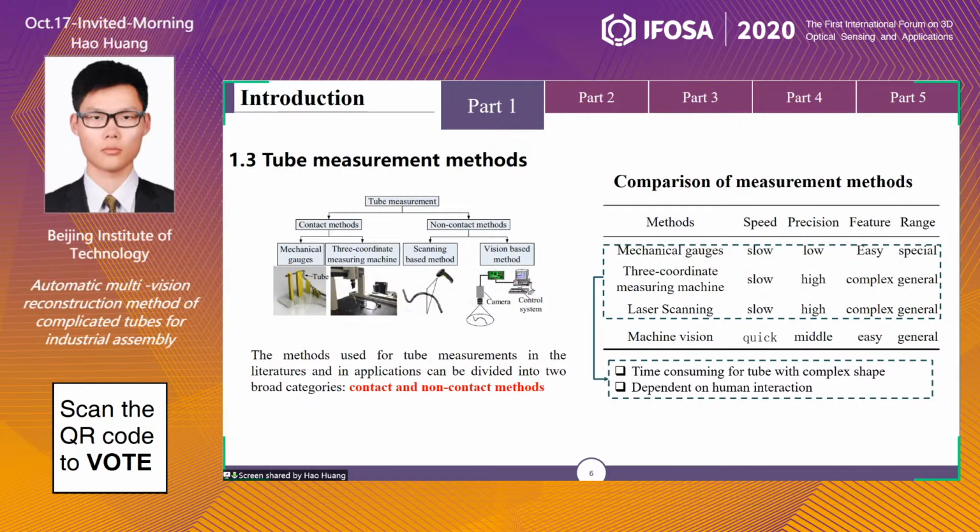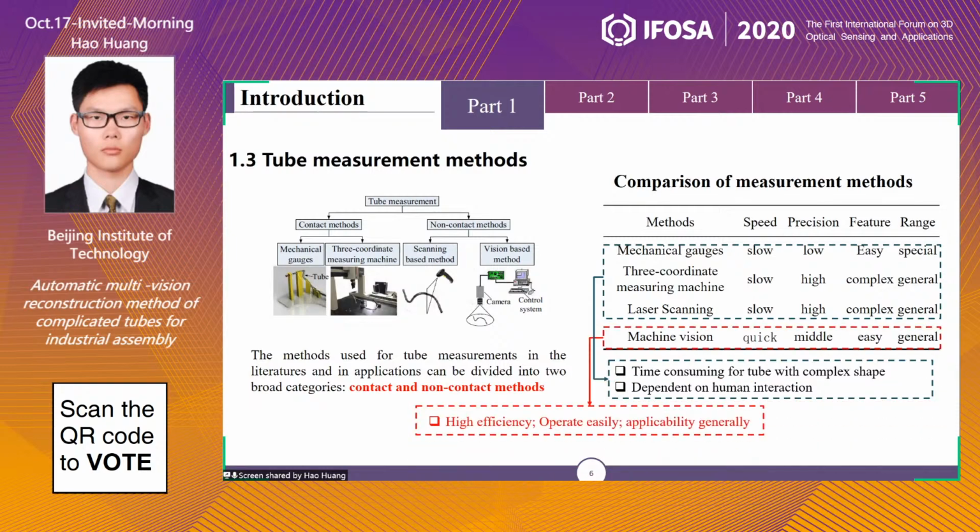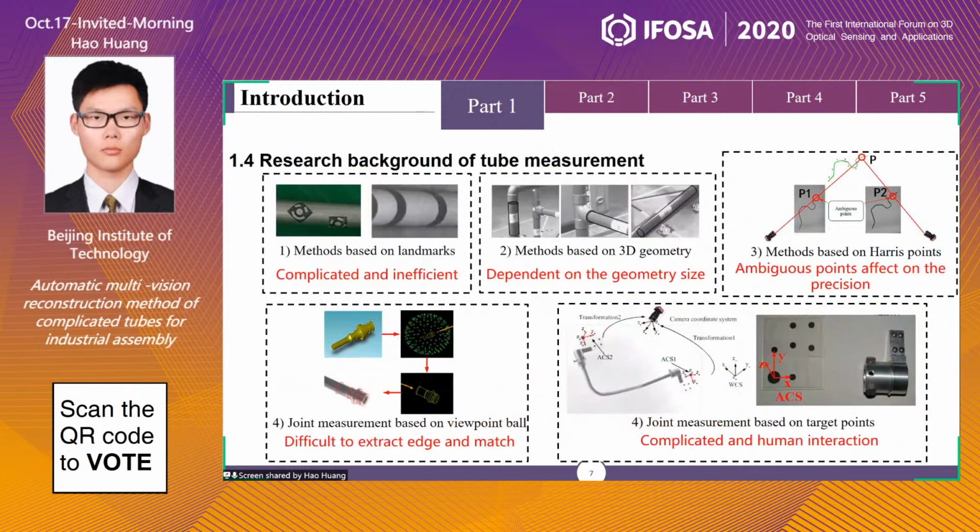The first 3 methods are time-consuming for tubes with a complex shape and depend heavily on human interaction. Generally, the machine vision-based method is highly efficient, easy to operate, and broadly applicable.